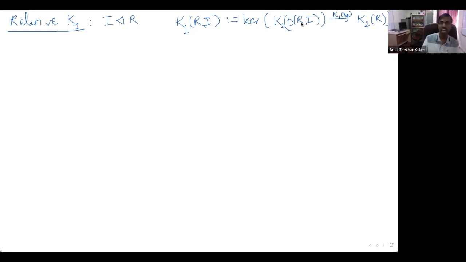But in this case, we again have to figure out what K1 of R,I is in terms of GL(R,I). So, the relative Whitehead lemma.